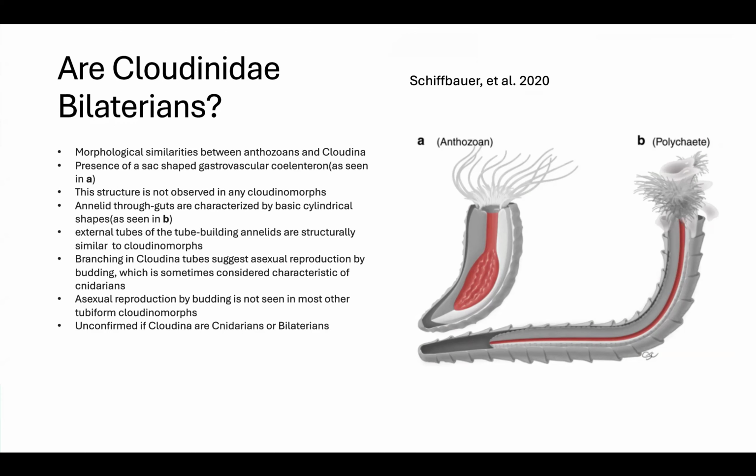Branching in Cloudina suggests asexual reproduction by budding, which is sometimes considered characteristic of cnidarians, but asexual reproduction by budding is not really seen in most other tubiform cloudinomorphs. So therefore, it's unconfirmed if Cloudina are cnidarians or bilaterians.